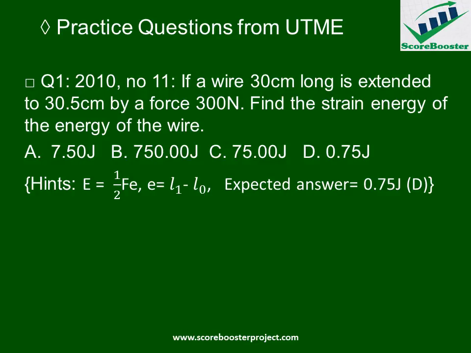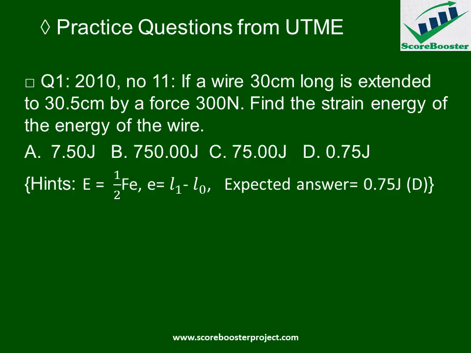So you are given option A to be 7.50 joule, option B to be 750.00 joule, option C to be 75.00 joule, option D to be 0.75 joule.